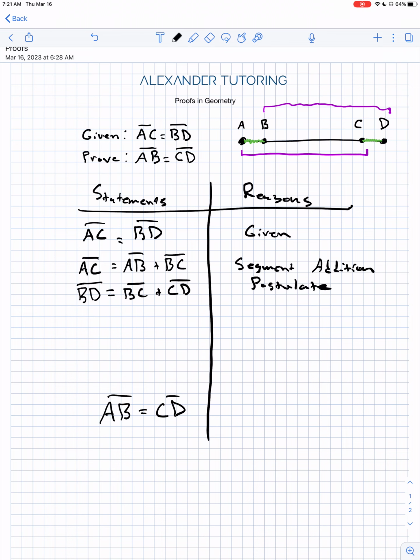Okay, now what can we do with those? We'll look at our given. We know those are equal, right? AC equals BD. So we can set these two guys equal to each other. Let's do that.